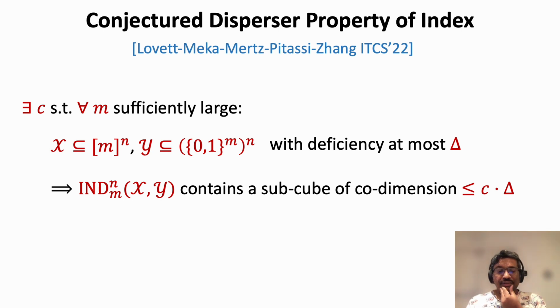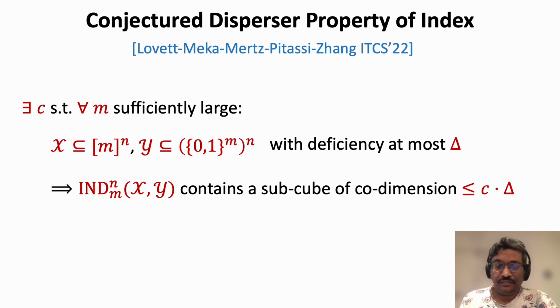Okay, so towards this goal of reducing the gadget size, and how the current techniques fare, Lovett, Meka, Mertz, Viola, Zhang in their paper in ITCS 22 made the following conjecture about the disperser property of index. They conjectured that for sufficiently large m, for every x and y which has deficiency very small, at most some delta, index on such inputs x and y would contain a subcube of codimension C delta.